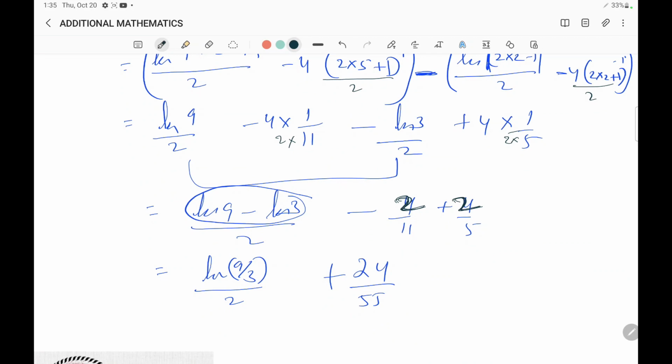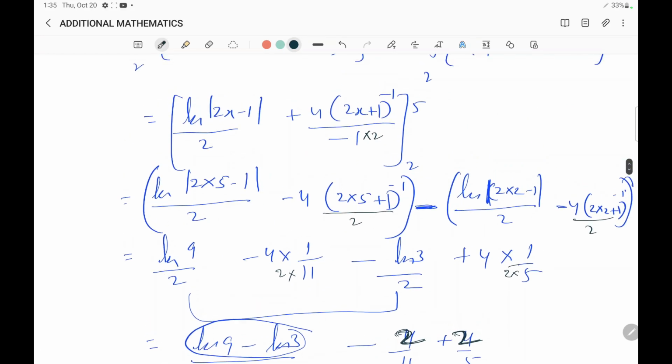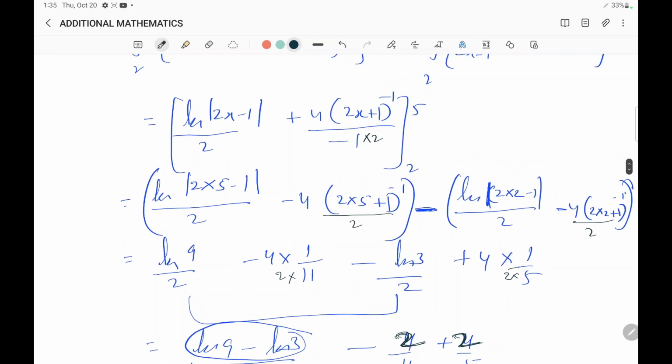Now how much? Minus 2 over 11 plus 2 over 5. This is 12 over 55. From where am I getting 11?